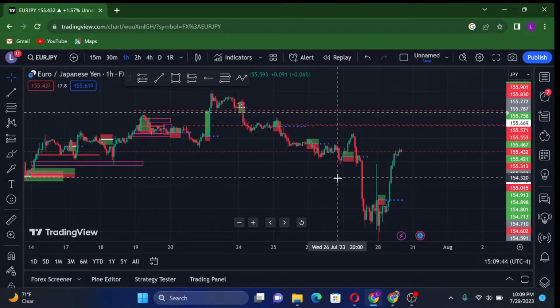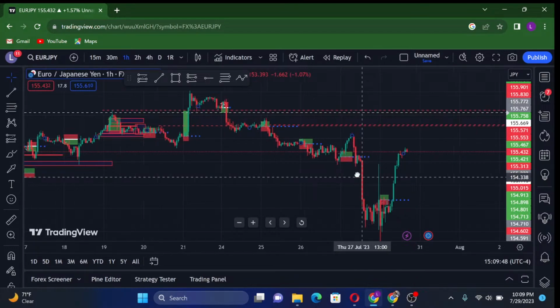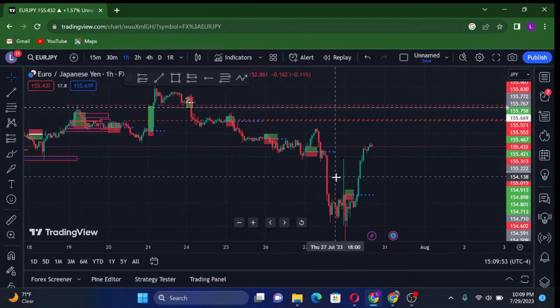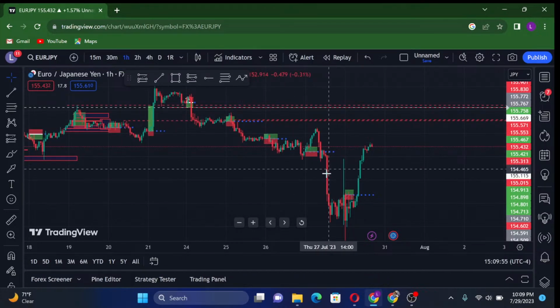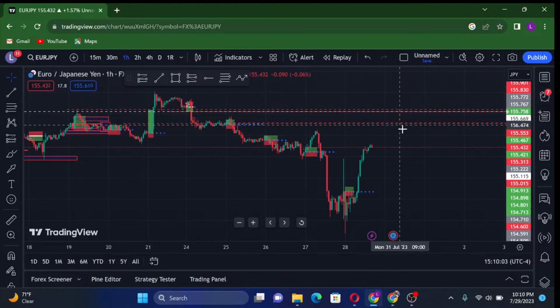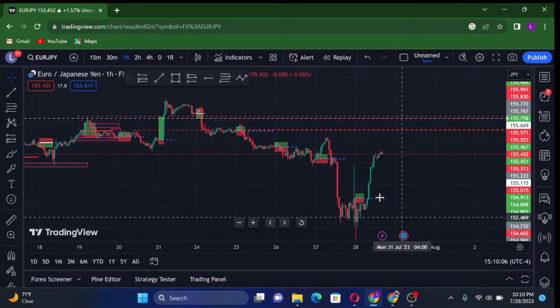Let's continue. The next thing you need to know as a beginner is how these candles move. When I talk about candles, I mean these red and green candles. In Forex, we only have 2 types of movements: the down movements and the upper movements.